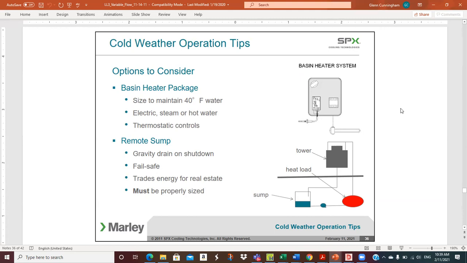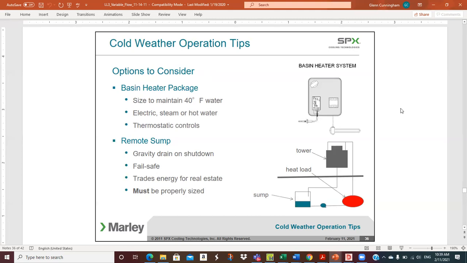So you can just get electric resistance heating elements, and you pick a set point, 40 or 38 or something, and just maintain that water at that. Don't let it get too cold. Usually I think they're electric, but it could be steam or hot water.